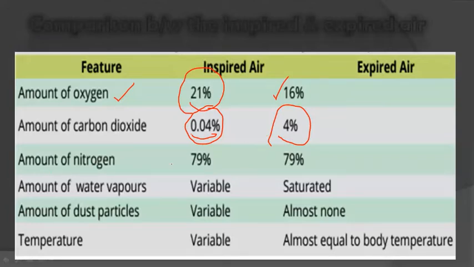Amount of nitrogen, there is 79% or 78% nitrogen present in the air, and we exhale all this amount of nitrogen, because our body does not use that nitrogen. Nitrogen is an inert gas, so it is not required in the body as such.